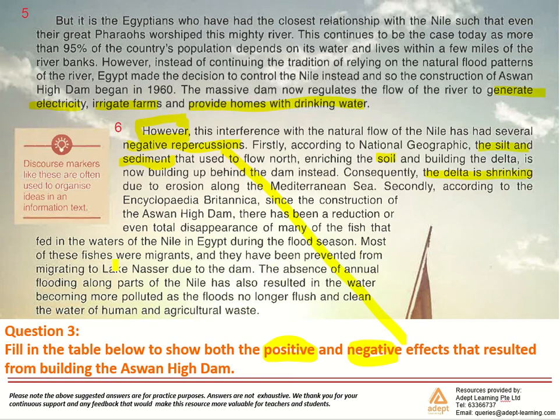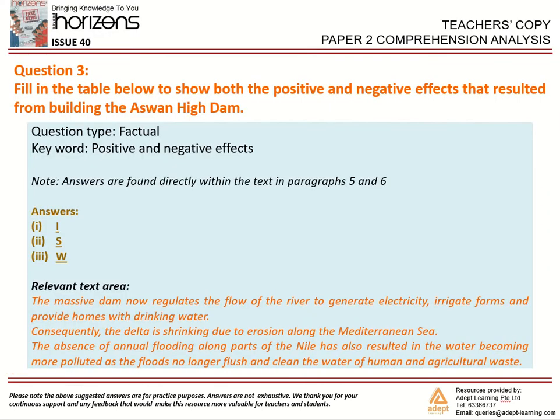Most of these fishes were migrants. They have been prevented from migrating to Lake Nile due to the absence of annual flooding along parts of the Nile, resulting in the water becoming more polluted, as the floods no longer flush and clean the waters of human and agricultural waste. So, these are things that I found.